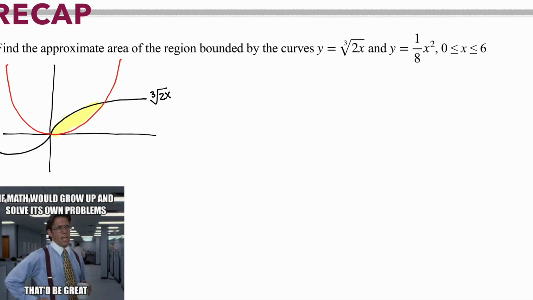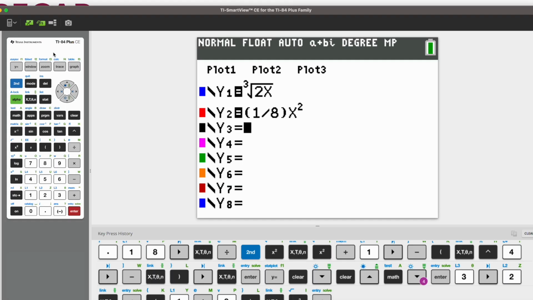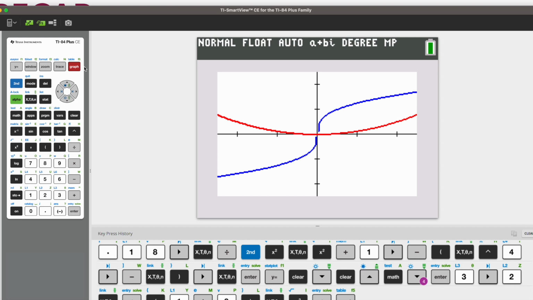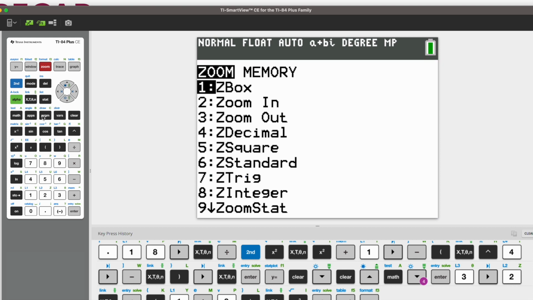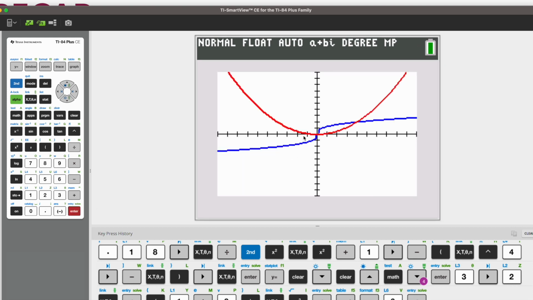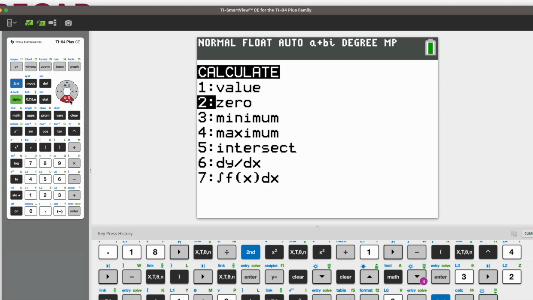So we do need to check and see where they cross. And if I was to graph this, we know they cross at 0, 0, and they say that the boundary is from 0 to 6, but I think they don't cross at 6.